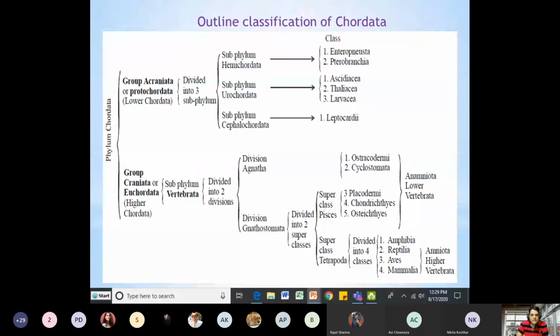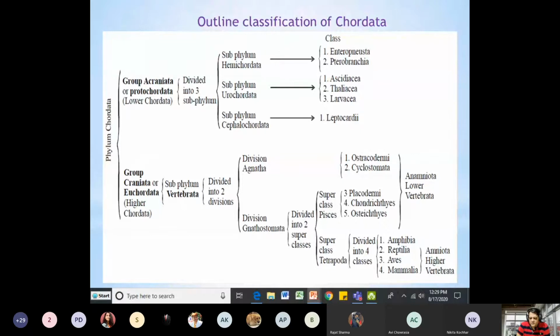Okay, now the second part of the unit is outline classification of chordata. Although as per the prescribed syllabus we have to follow the classification given in Barnes, third edition, I will be talking about the classification proposed by Young.